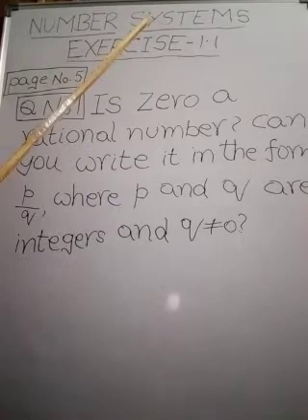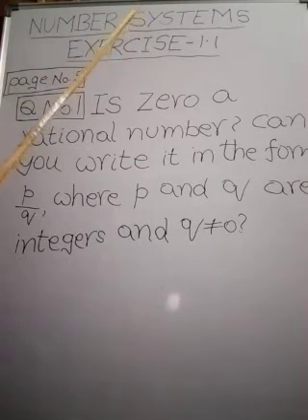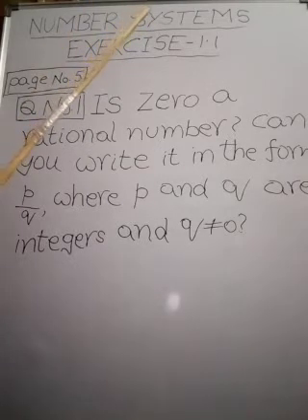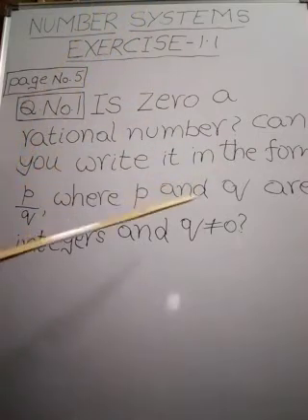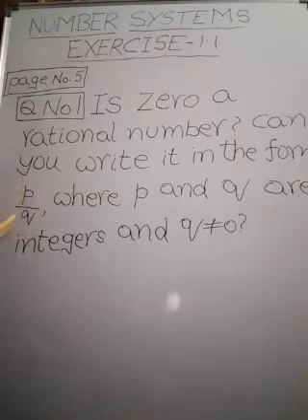Means we have to recollect the definition of rational number, a number which is in the form of p by q. Do you know this one? Yes. Okay, understood, my dear children?